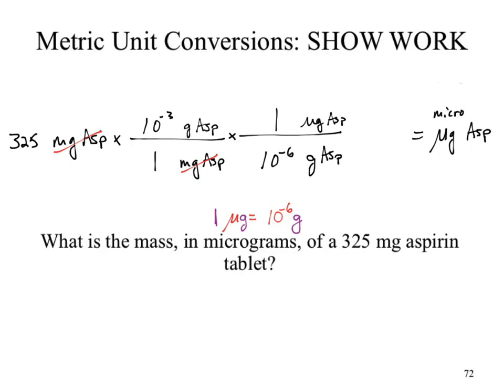Now that I've got my calculation set up, I could go through and punch this into the calculator. I would get, come on, reconnect. Not connected yet? 325, yep, times 10 to the negative 6. Sorry, negative 3. Okay, I enter that into my calculator.